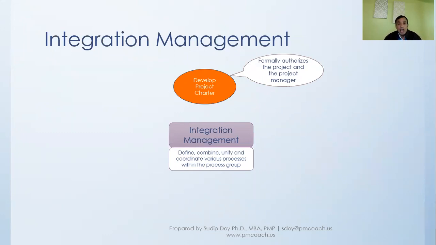At that point, when the project charter is authorized, that's when the project manager gets the authority to start moving things, start getting resources, and go and talk to different stakeholders. And everyone in the organization now knows that he or she is the project manager who is running this project, and all the stakeholders should come forward to help the project manager in whatever way required.